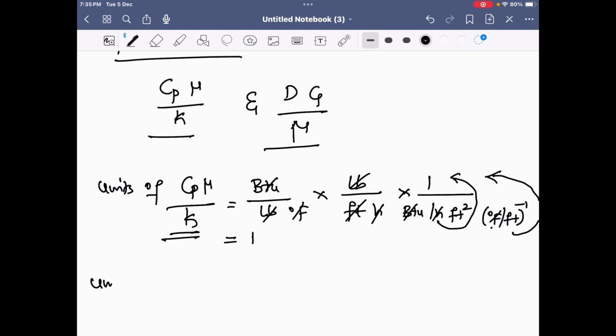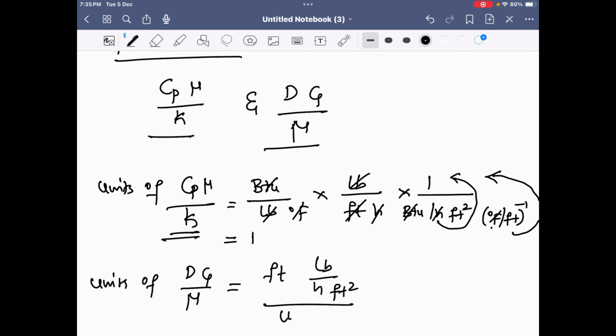Again let us calculate the units of dg by mu. So, what is the unit of d? That is feet, okay, and g that is mass velocity per unit area, that is Lb per hour feet square divided by the viscosity unit, that is Lb per feet hour.